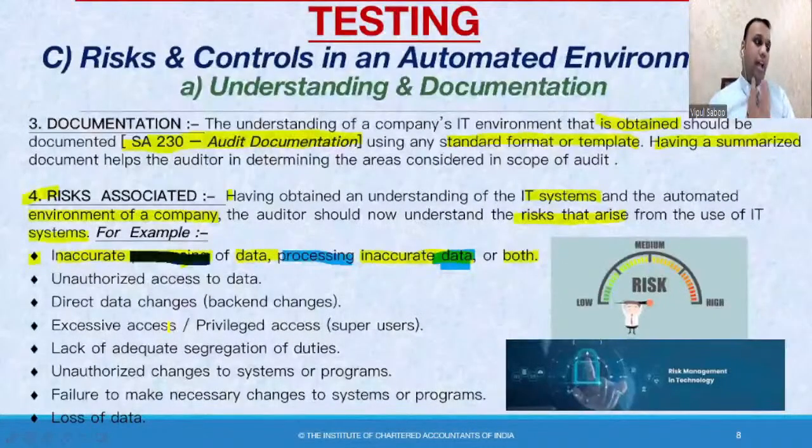So what as an auditor do I do when I go for audits? As an auditor, I sit on the system and I give it some fake commands, and I check what error message the system gives me. If I punch in some wrong data, does it process that data, or does it give me an error message?